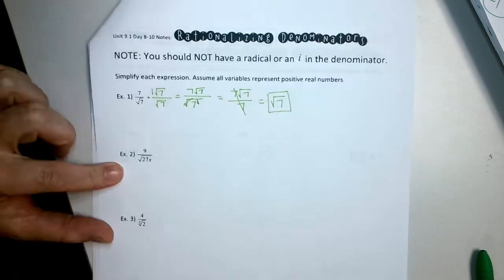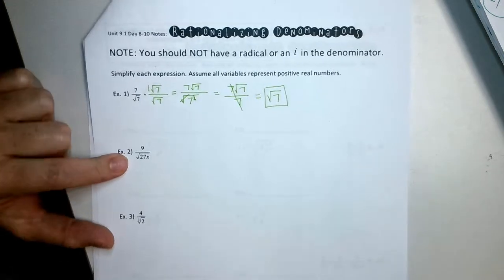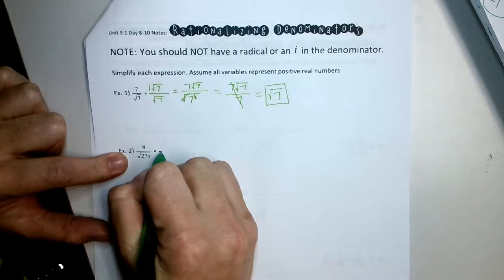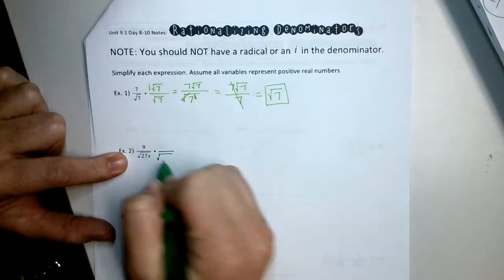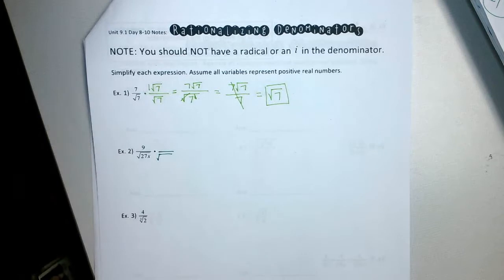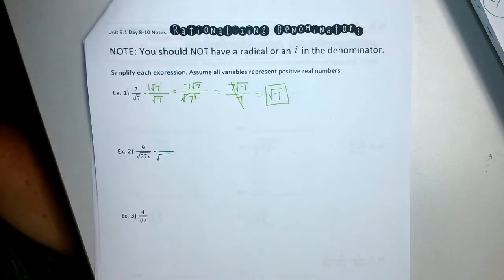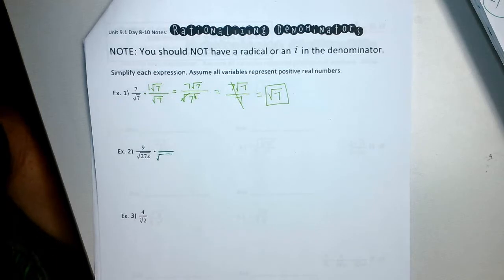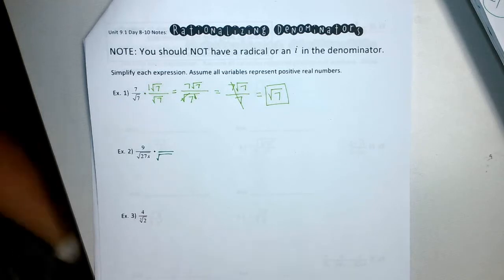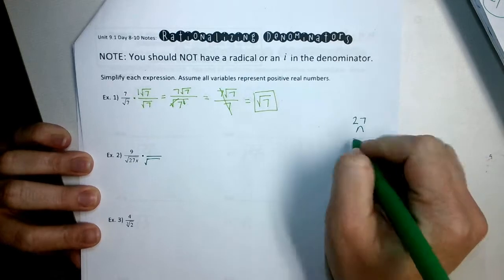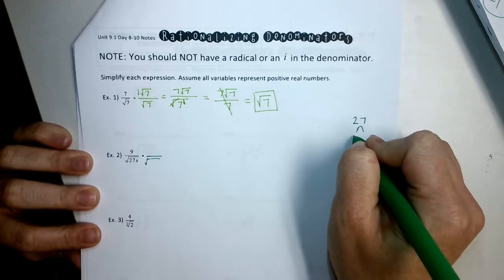Okay, so let's look at the next one. Same concept. We're going to multiply it by itself because it's a square root. Actually, freeze. Before I do that, let's simplify it. Why do you think I want to simplify it first? Yeah, I'm going to have smaller numbers, which are easier to work with. I have 27. What goes into 27? 3 9 times.